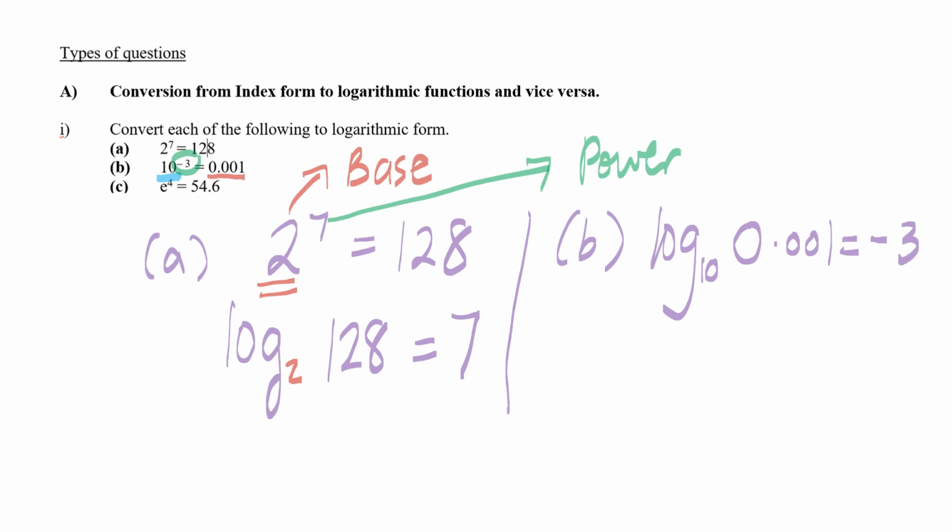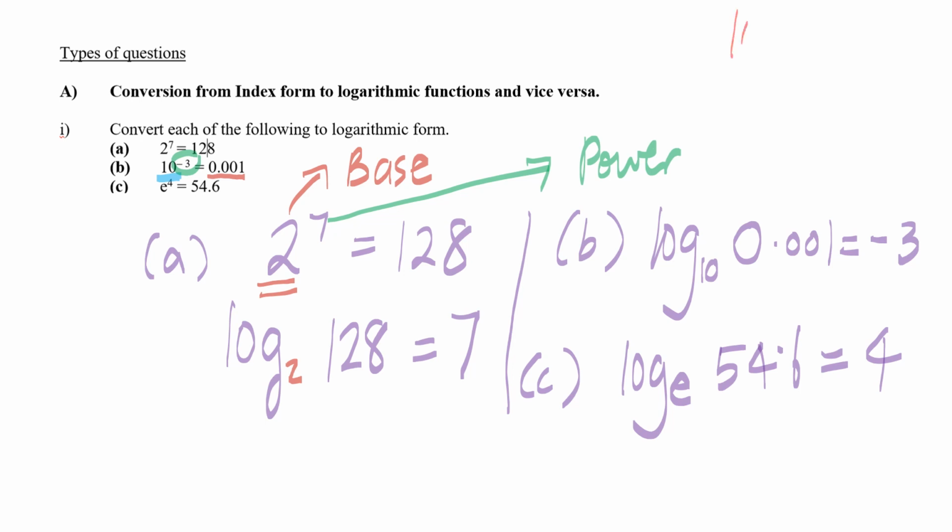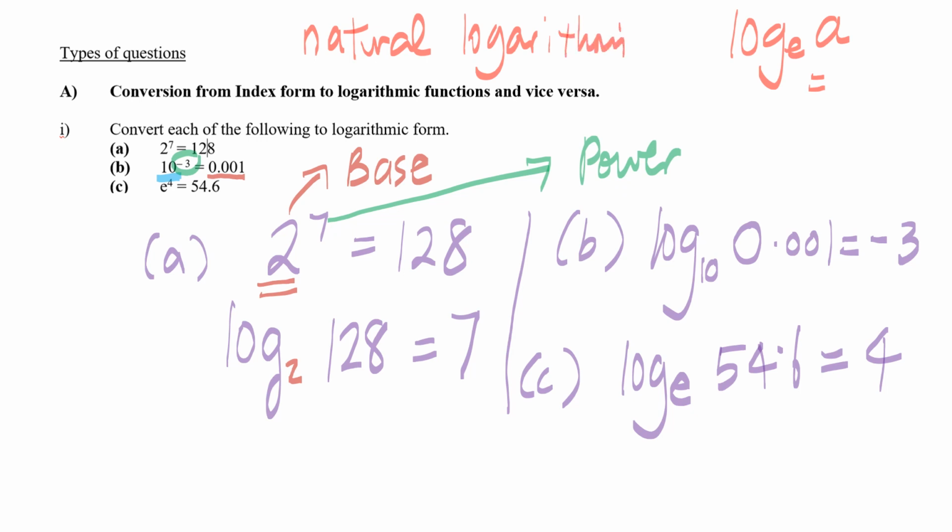Let's look at part C here. Right now, log, identify the base, which is E. The answer is 54.6, and then the power is 4. It's a bit tricky here. Why tricky? Because log base E has a special name. Log base E is actually called the natural log, and the letter to represent the natural log is Ln.